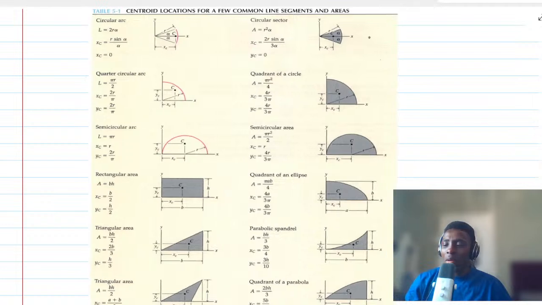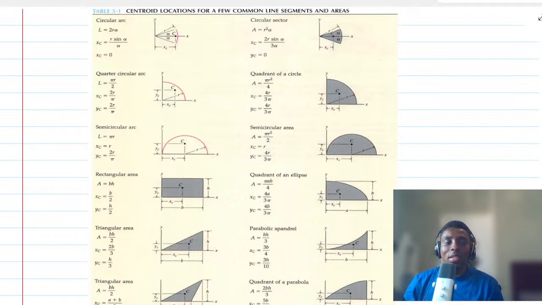Okay. So now basically whatever you are going to do in centroid will fall in this kind of questions. Okay, thank you.